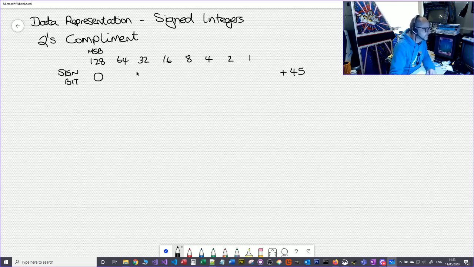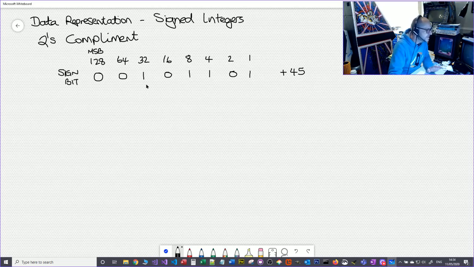So let's do that. We can't have any 64s, but we can have a 32. That will leave me with 13. So 16 isn't going to go, but 8 is. 8 from 13 leaves me with 5. So I've got a 4 and a 1. So that in 2's complement is plus 45.